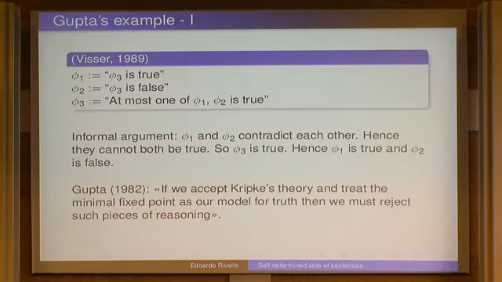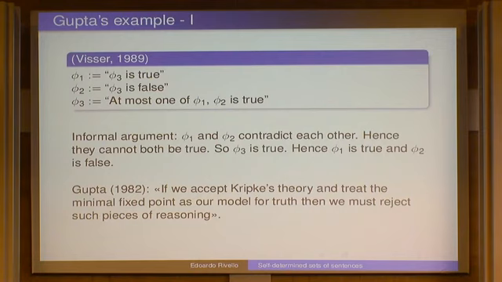So, in the literature about formal theories of truth, very often we find an example like the one displayed on the slide, in order to assess if some formal theory of truth agrees or not with our intuition about truth.